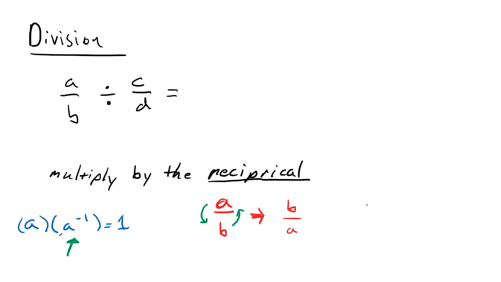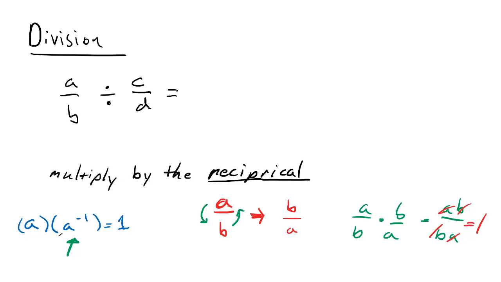Because when you have A over B times B over A, you get A times B over B times A, and you can just cross everything out. And you get 1.